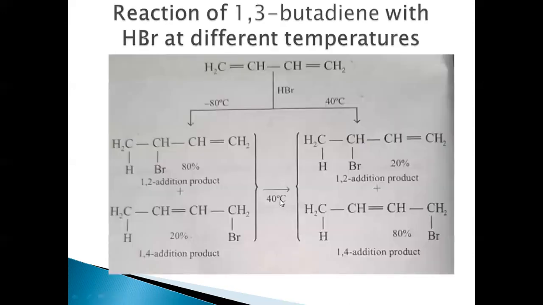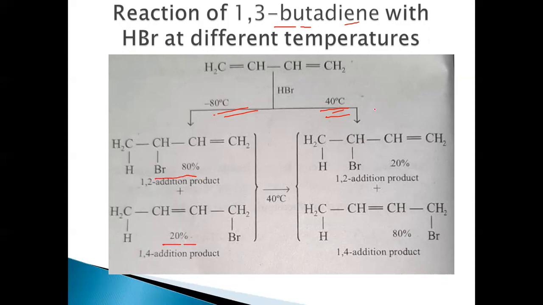When we add HBr to 1,3-butadiene at different temperatures, different products are formed. At minus 80 degrees centigrade, when we add HBr to 1,3-butadiene, an electrophilic addition reaction takes place. We can see that the 1,2 addition product is formed in 80%, and only 20% of the 1,4 addition product is formed.